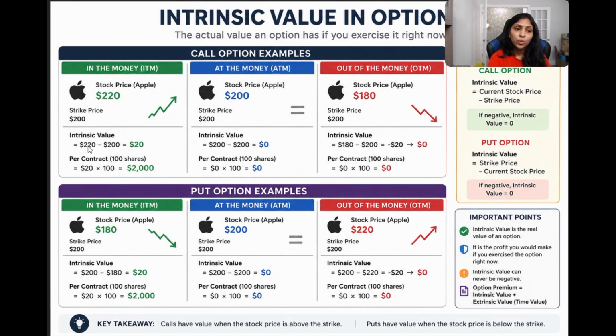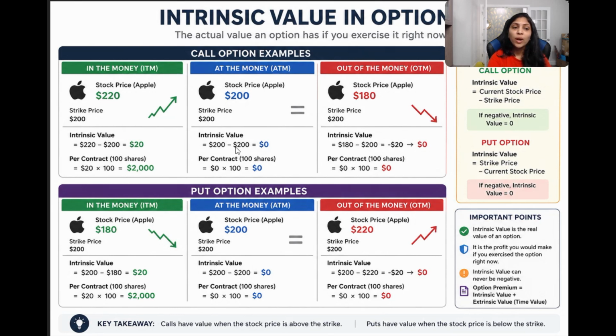Stock price 220 minus $200, our strike price, equals how much? $20. So if you take a contract like this, you have $2,000 of intrinsic value.